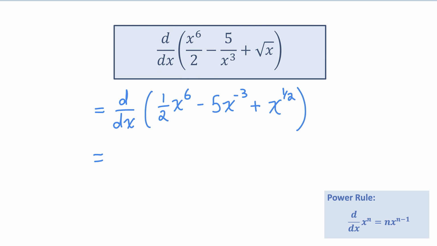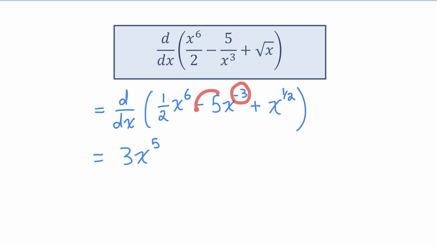Now I can differentiate all three terms independently of each other, and when I use the power rule, the derivative of a half x to the 6: 6 times a half is 3, so I get 3x to the power of, reduce the exponent by 1, it becomes 5. The derivative of my second term, negative 3 times negative 5 is 15. Keep the base of the power as x, but subtract 1 from the exponent, it becomes negative 4.